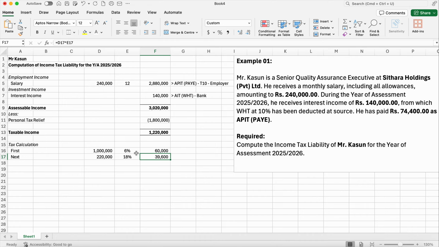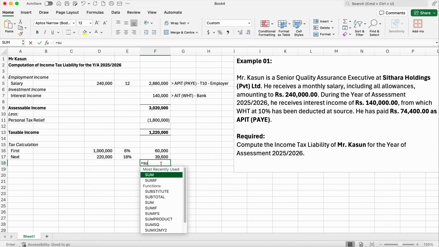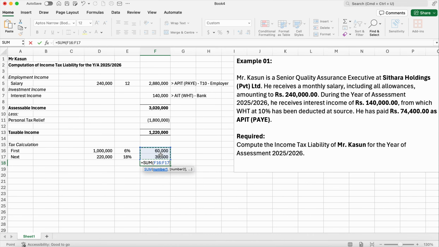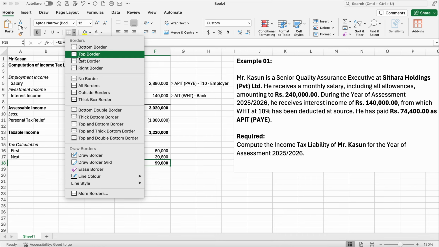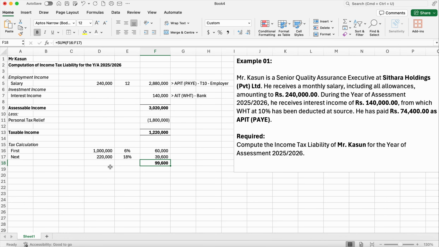It goes directly to 18%, not 12%, as per the law. So then the total tax liability would be this much. This is the tax liability.